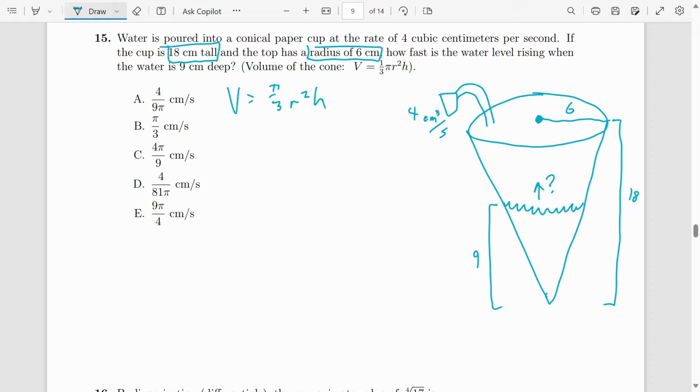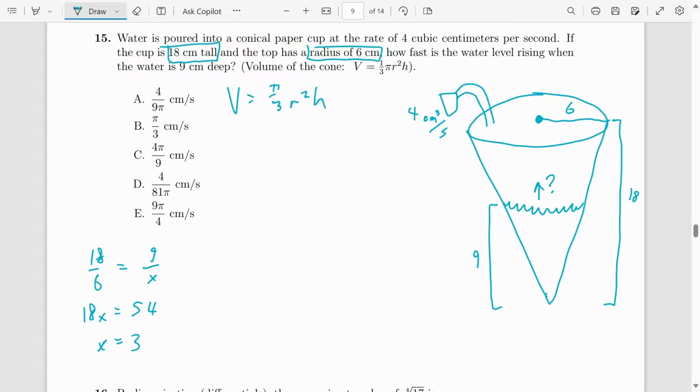So if the big cone is 18 centimeters tall and has a radius of 6 centimeters, then the little water level cone has a height of 9 centimeters and x as a radius, and this ratio will have to hold true every single time. So if we do some cross multiplication, we'll get 18x equals 54, and x equals 3.